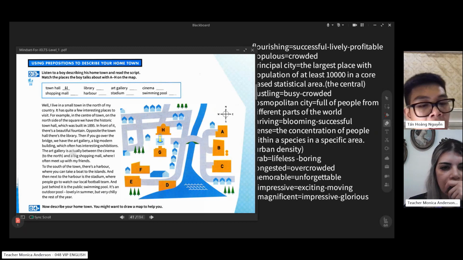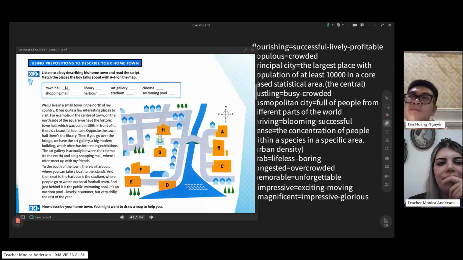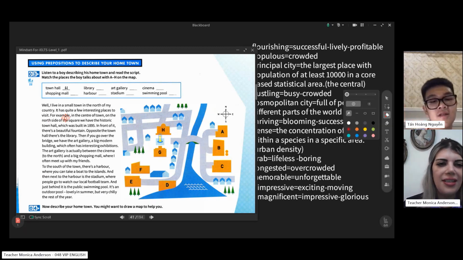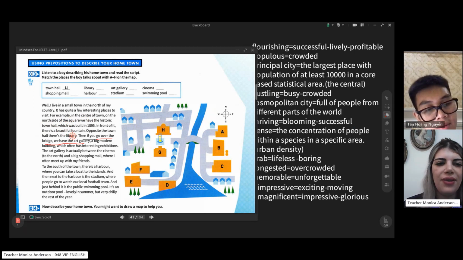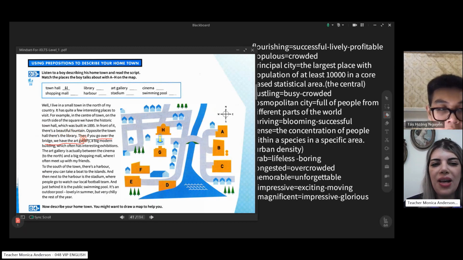But the art gallery is between the cinema and a big shopping mall, so just between A and C. Of course, when we go over the bridge, we have the art gallery. Okay, very good. And between the cinema and big shopping mall. So, which one is the cinema, you think? To the north is the cinema. To the north is cinema A.